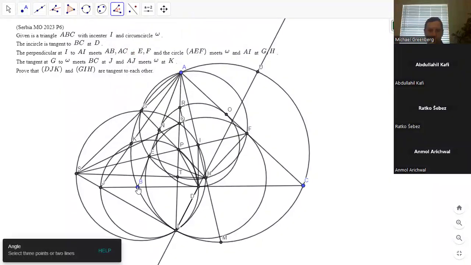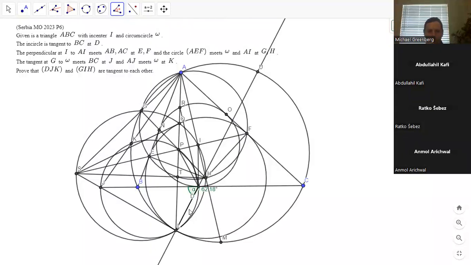I think that's right. So if I go like this, is that really angle C? No, I don't think so. No, it's angle ACL. So this angle is angle ACL right here, and then this angle we need to show is also angle ACL.